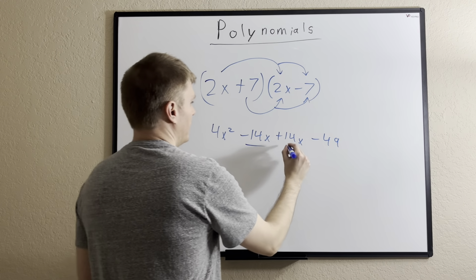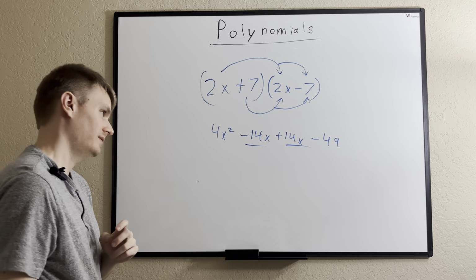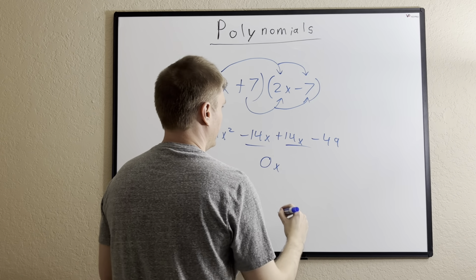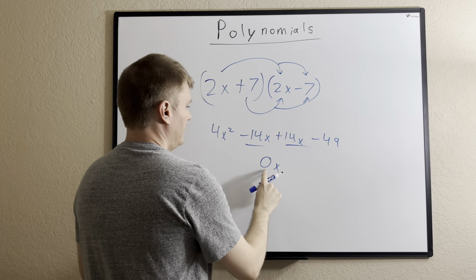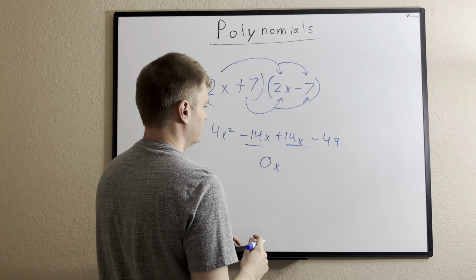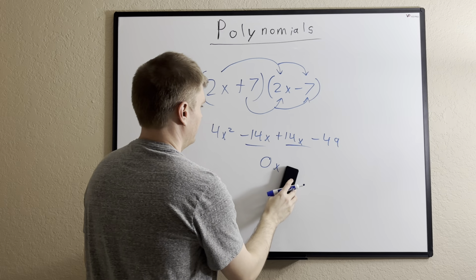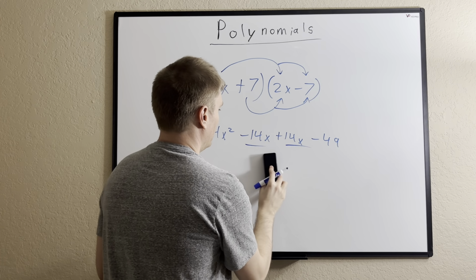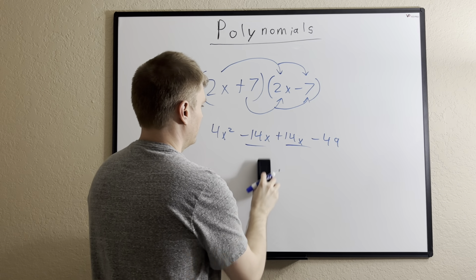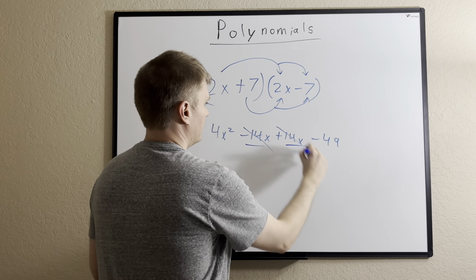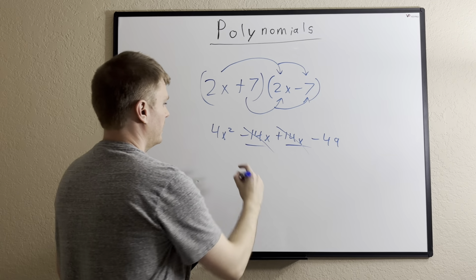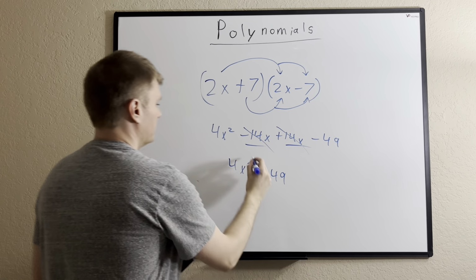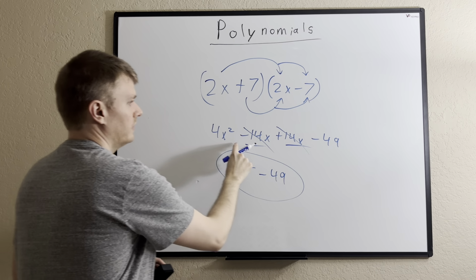Combine like terms. Negative 14 plus 14, well, that would be 0x, right? And the x is being multiplied by 0, so anything multiplied by 0 is just 0. So these just kind of canceled each other out, right? Boom. And you're just left with that and that.